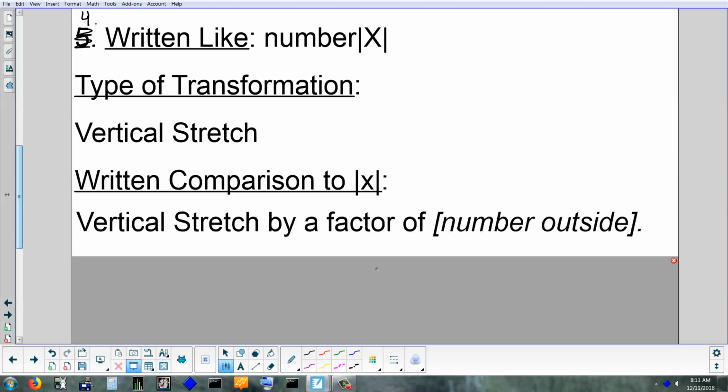And this one, you would write vertical stretch by a factor of, and then you put the number. So if it was like a 2 on the outside, it would be vertical stretch by a factor of 2.